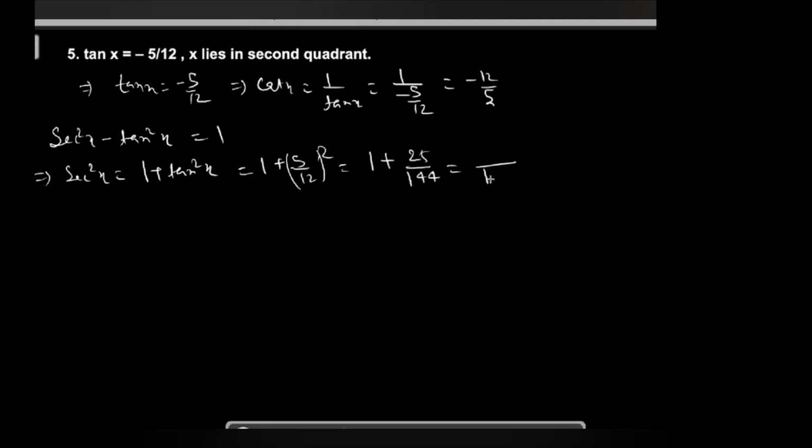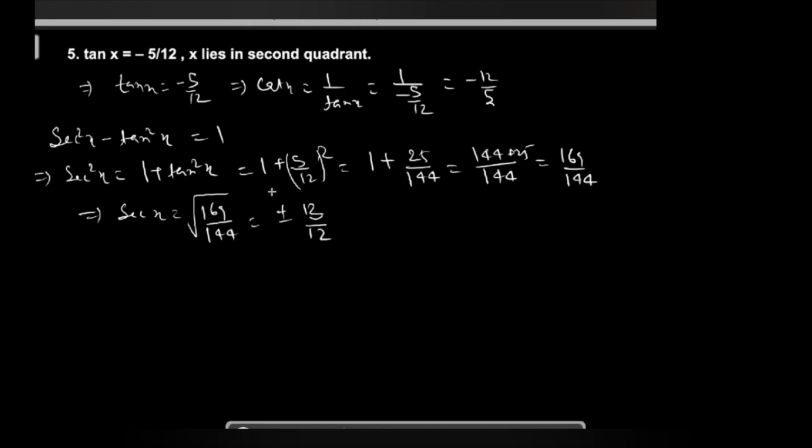With 144 being the LCM, 144 plus 25 gives 169 upon 144. So this will give me sec x equals the square root of 169 upon 144, which gives plus minus 13 by 12. Now we know that in the second quadrant sec x will be negative. This implies sec x equals minus 13 by 12, as sec x is negative in the second quadrant.